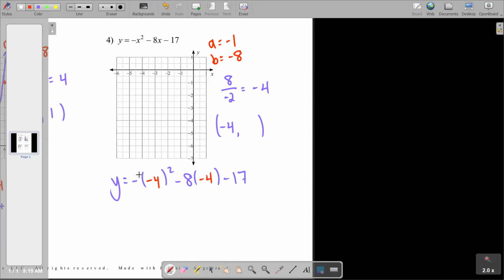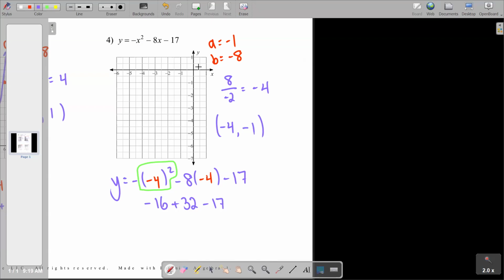And I would like to stress again, just like I did on the first problem, that this right here is critical, that you do the exponent first, and that equals positive 16. But then you take that negative sign down and it makes it back into a negative. And then, of course, -8 times -4 is plus or positive whatever, 32. And then you math. -16 plus 32 is 16 minus 17 is -1.